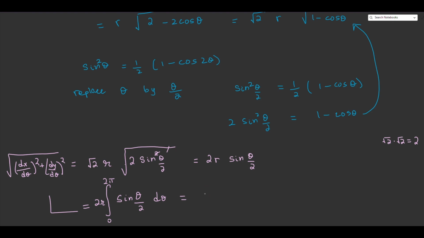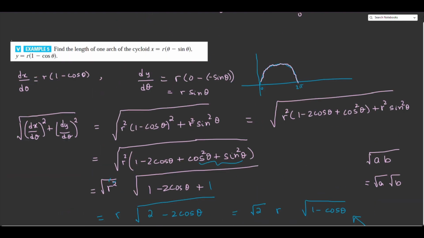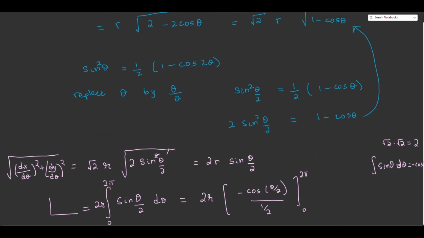So here we get 2r times minus cosine theta by 2 divided by 1 by 2, from 0 to 2 pi. Remember how we integrate this. I will write it here so that you can remember: the integration of sine theta is equal to minus cosine of theta.